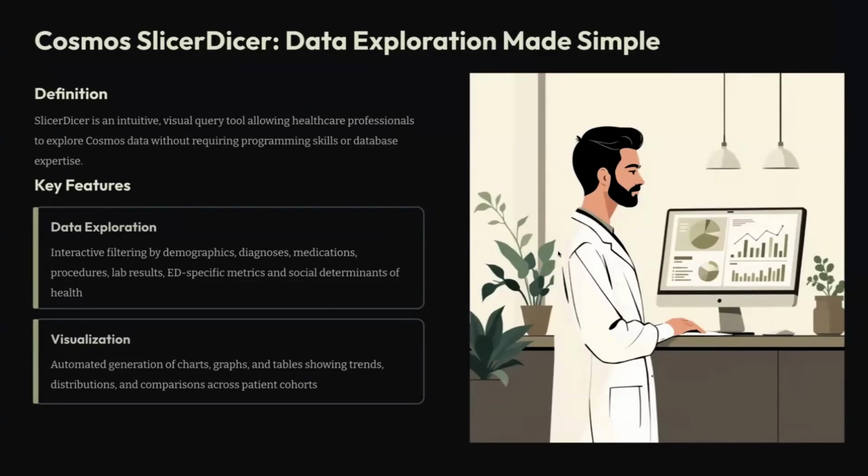In Cosmos, there are predefined data models that you can look through, whether this is patients or encounters, or in our case, ED encounters, among others. You can filter by demographics or diagnoses, mainly through ICD-10 codes or SNOMED codes. You can look through medications and procedures, mostly through CPT codes or ICD-10 PCS codes.